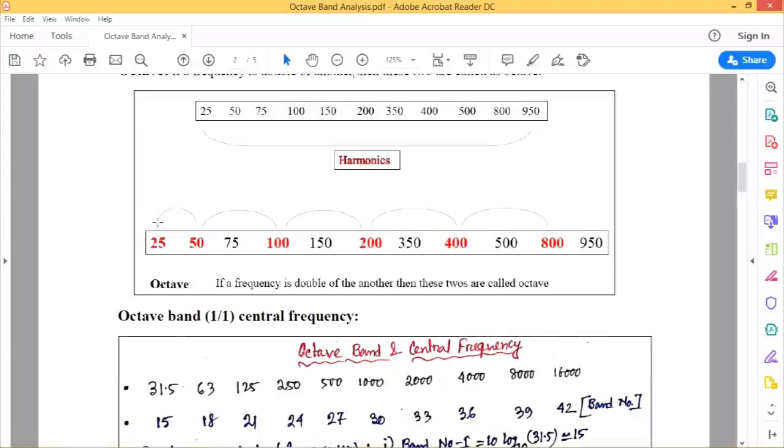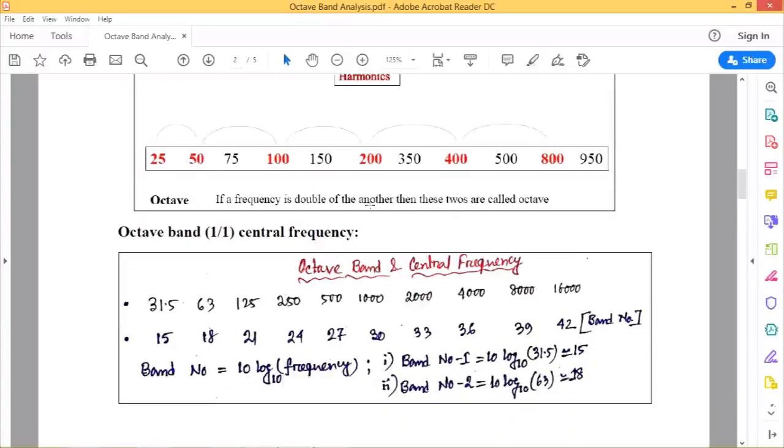And this set of 25, 50, 100, 200, 400, 800 will be known as the octave band. Okay, an octave is two frequencies having the relation frequency 2 equal to 2 into frequency 1, but a set of these doubled frequencies will give you the octave band.